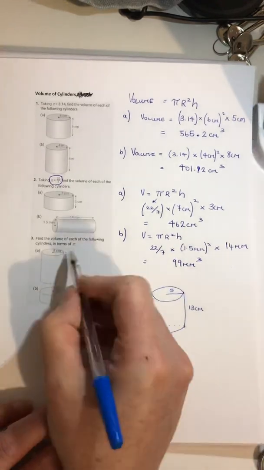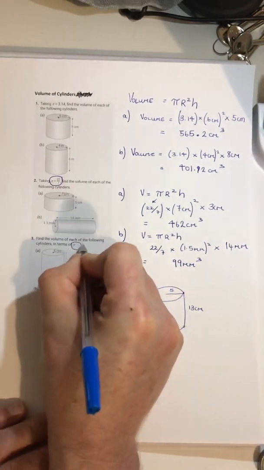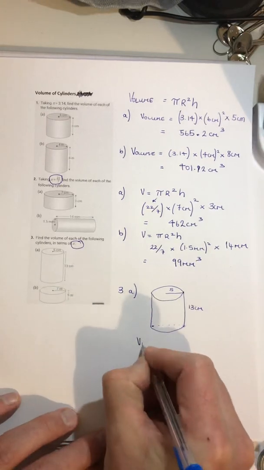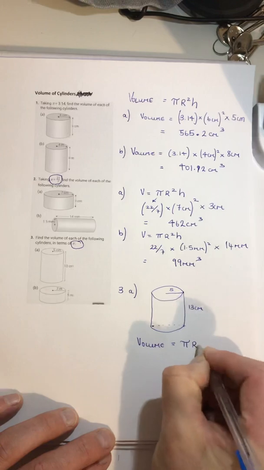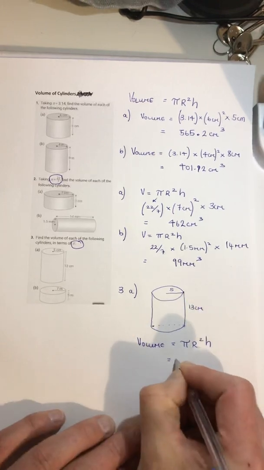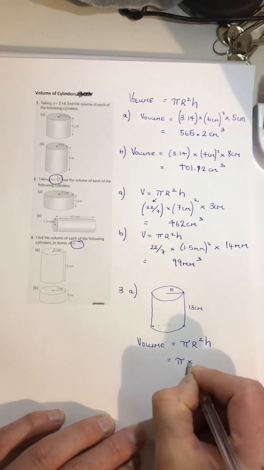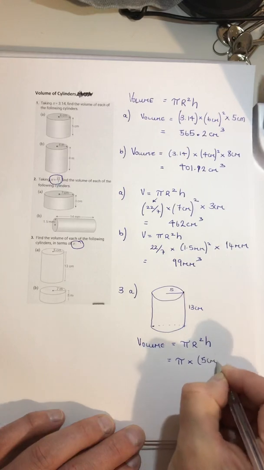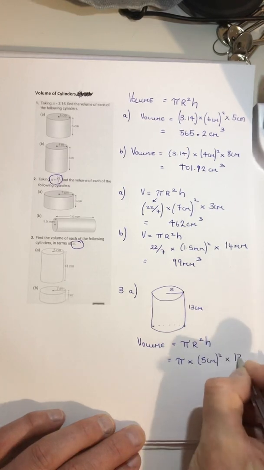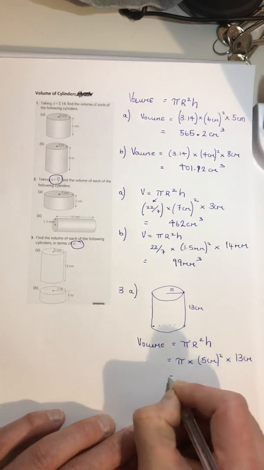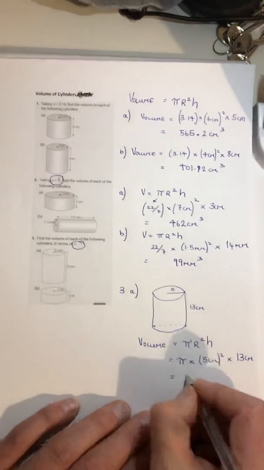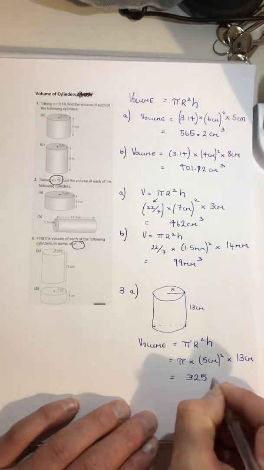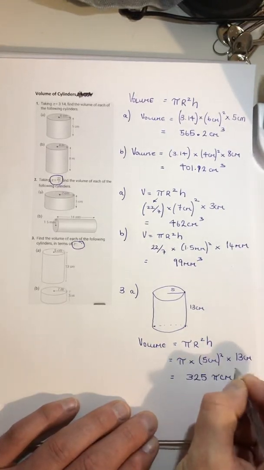So here we have in terms of pi, so they're not telling us what pi is. So volume is equal to pi r squared h, which is pi times the radius is 5 centimeters squared and the height is 13 centimeters. So our answer this time is going to be 325 pi centimeters cubed.